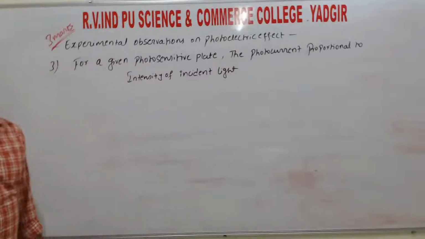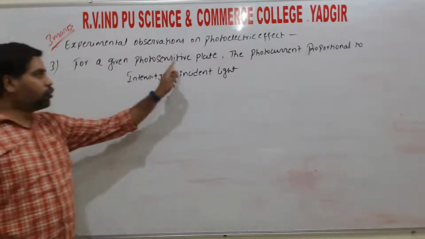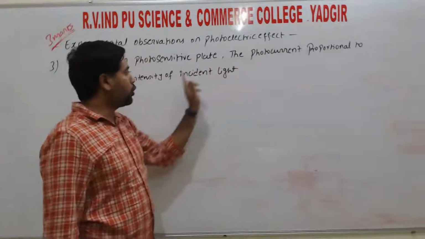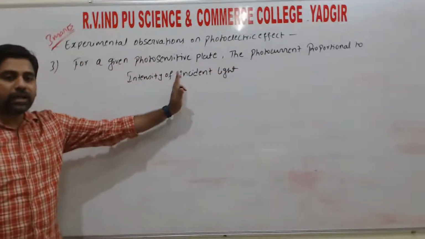So this one is the third point. For a given photosensitive plate, the photocurrent is proportional to the intensity of the incident light.